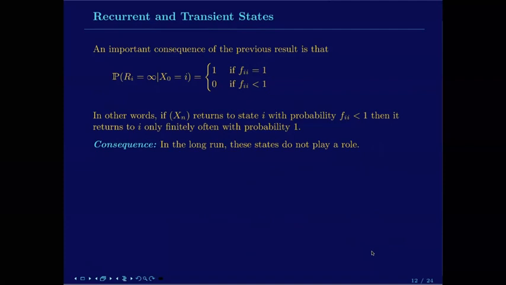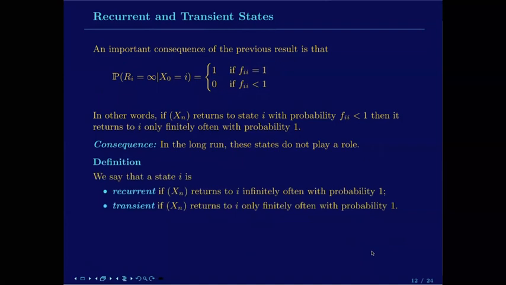So that means that either with probability 1 the state is visited again and again, or after finitely many times it is not visited again. So in the long run, these states of the second kind do not play a role. They become forgotten, and the Markov chain completely concentrates on states of the first kind.